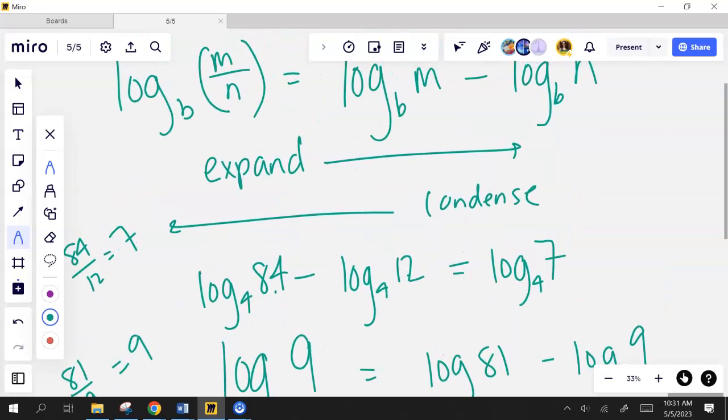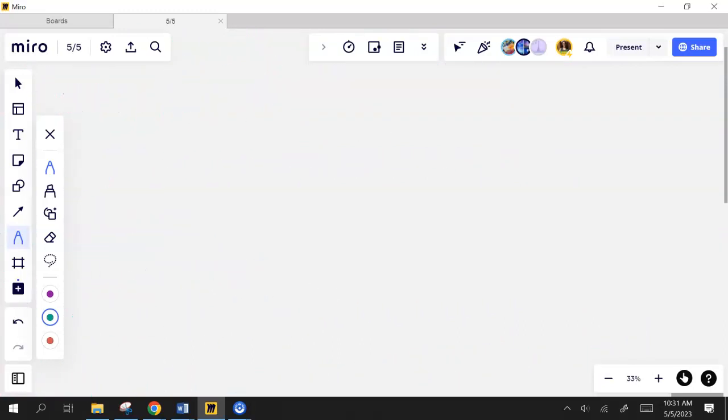Power rule is probably the easiest one that we have. If you think about it, a log is an exponent, right? What happens when you raise an exponent to another exponent? You multiply them, right? So this is an exponent to an exponent, so I multiply.